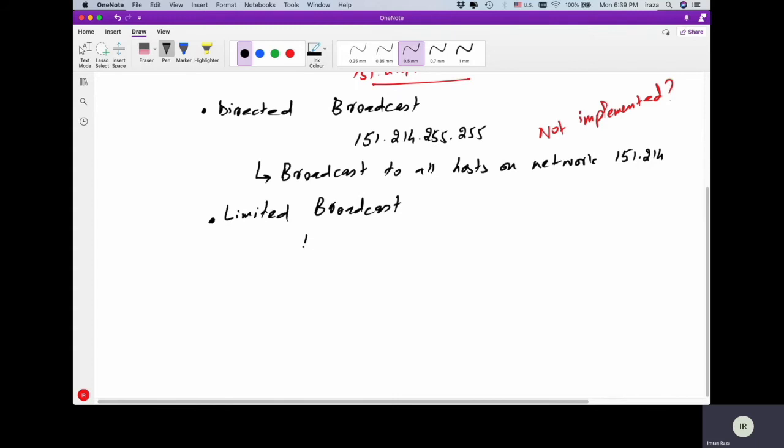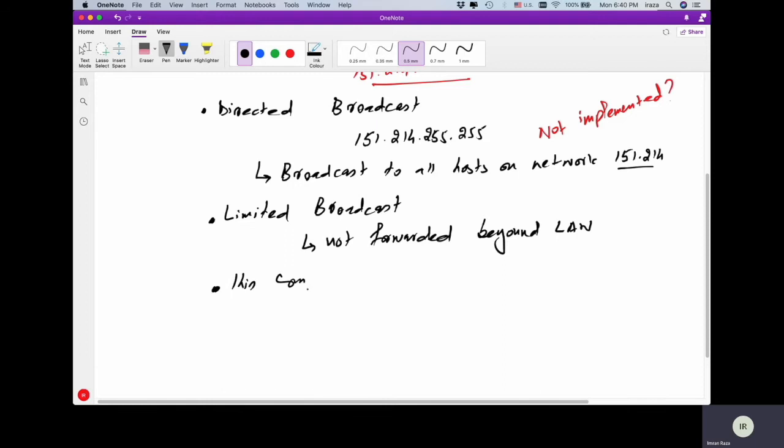So in this type of broadcast, the packet is not forwarded beyond a local area network, a LAN, right? So we won't be able to broadcast this packet to all the hosts on the network, but we can broadcast it on a segment of the network or a local area network.